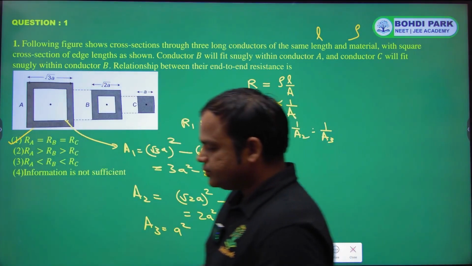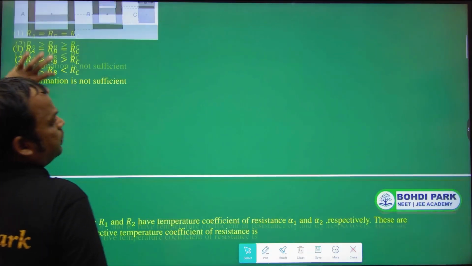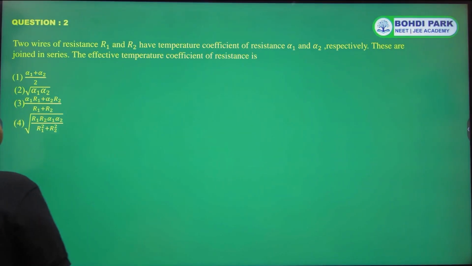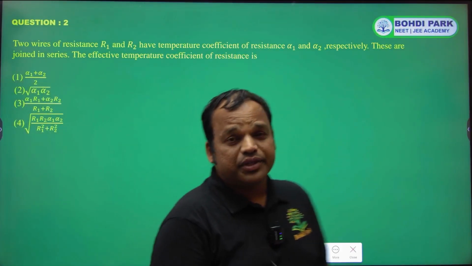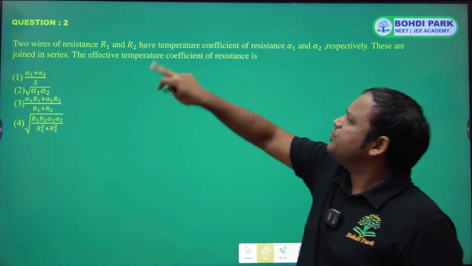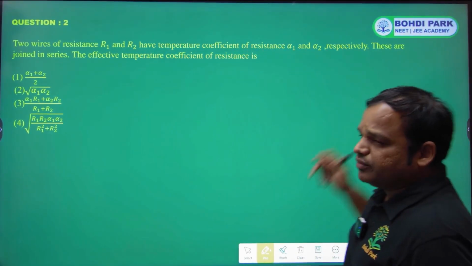Next question. Now look at question number 2. We have two wires of resistance R1 and R2 having temperature coefficient of resistance alpha 1 and alpha 2 respectively.